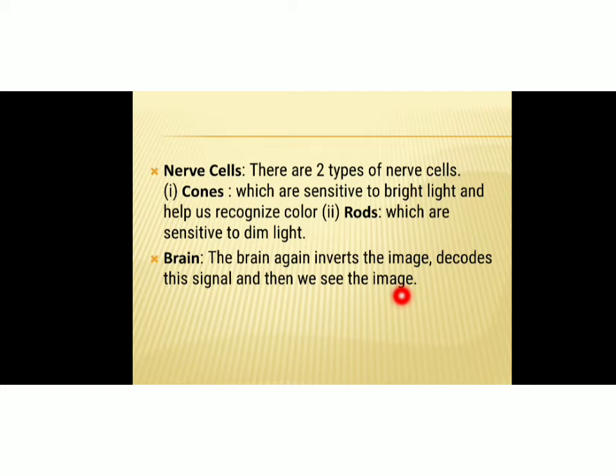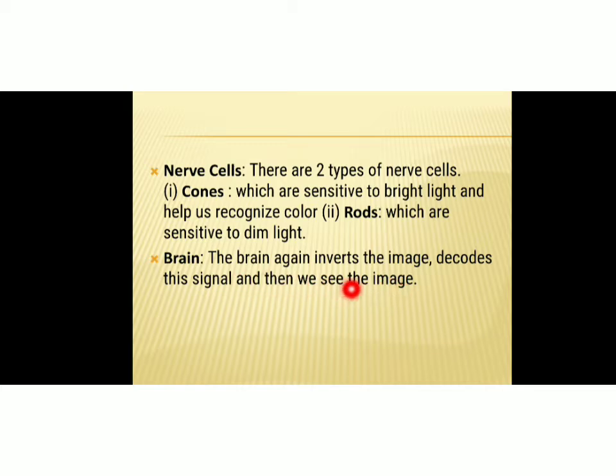You all know that a convex lens usually forms a real inverted image. But whenever we see an object, we are not seeing it in an inverted position. We are seeing it in an erect position. How is it possible? Our eye lens is forming an inverted image on the retina, but we are seeing the erect image of the object.